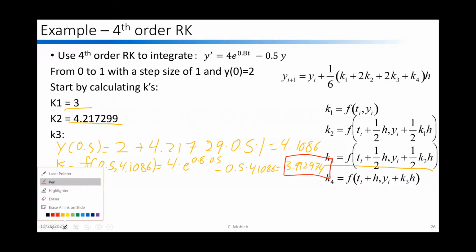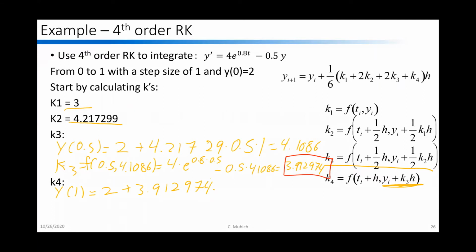Now we can do the same thing for k4. I need to calculate my y. So remember, I need to go a full time step this time. So I have y at 1. I do this as my previous y, which was 2, plus my k, 3.912974 times h.